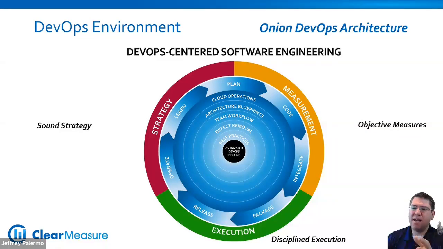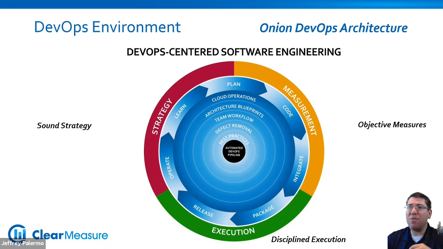Now, this diagram is a quick model of how we think of DevOps-centered software engineering. The DevOps pipeline is at the center, and certainly code changes and features and new applications need to be automatically built, tested, deployed, environments provisioned, and that pipeline needs to be developed.